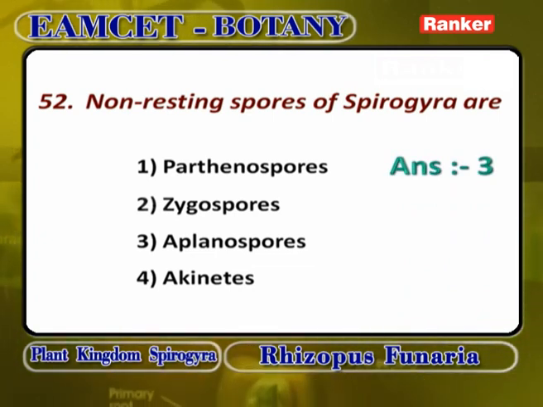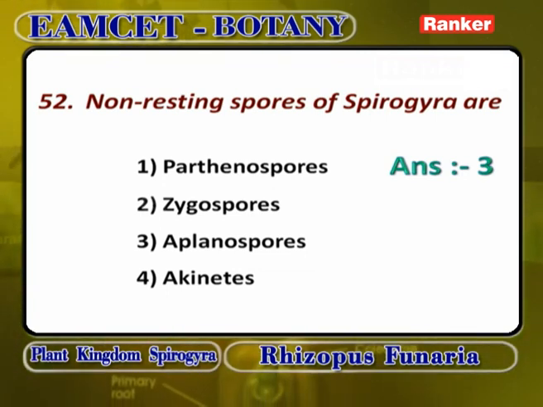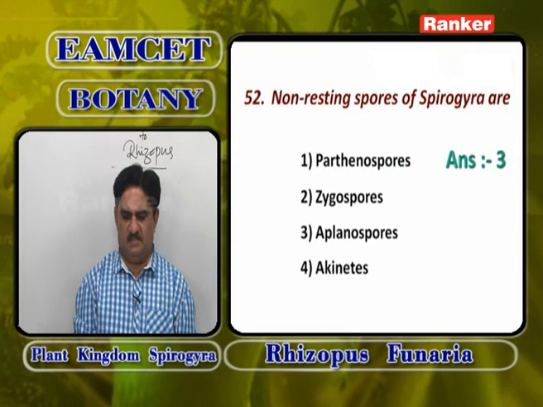Non-resting spores of Spirogyra are. Parthenospores are non-resting or resting spores? Zygospore is a resting spore. Akinete is resting spore. Why? Because these are all surrounded by thick layers. What are parthenospores? Non-functional aplanogametes. Sometimes they get surrounded by thick wall and convert into parthenospore. So, they are thick walled means taking rest.